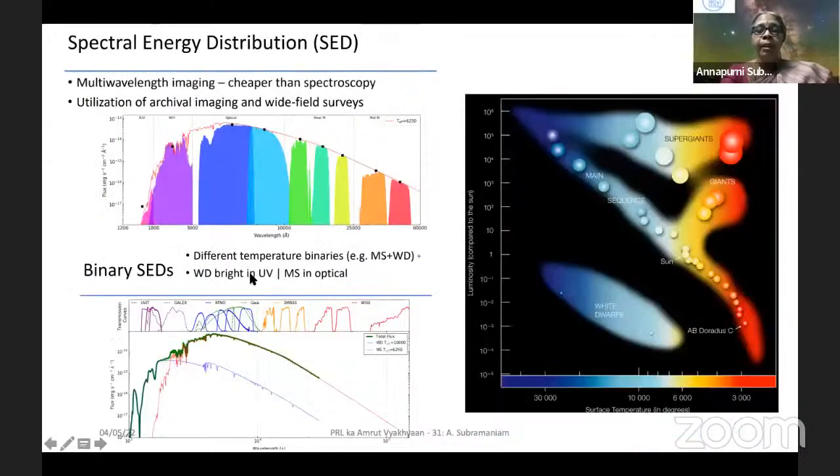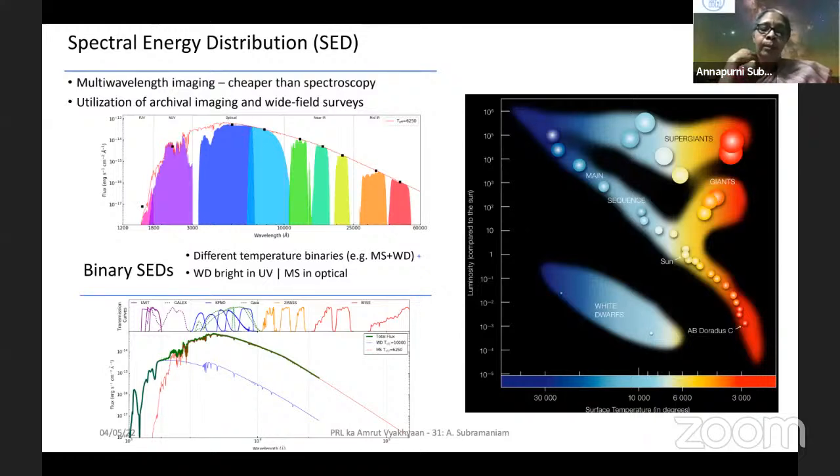The other thing which people have been looking at is multi-wavelength imaging, which is cheaper than spectroscopy. That will help us produce the entire spectral energy distribution and use it for wide field surveys, using which you can separate out binary stars. If you deconvolve these SEDs into two stars, then you can estimate not only the temperature, but also the luminosity, assuming the same distance to them.